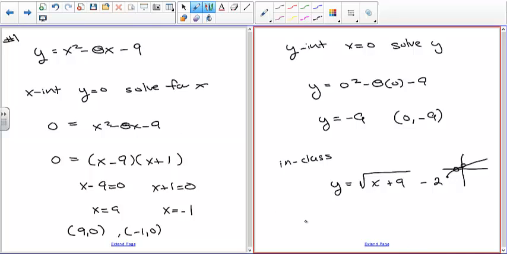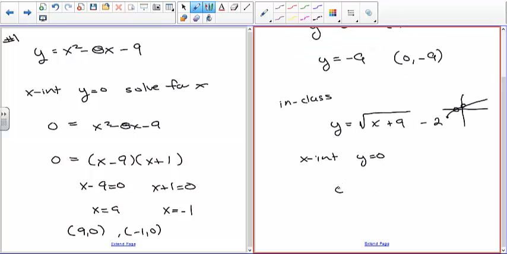So the same thing applies to find the x-intercept. You set y equal to 0. So you'd have 0 is equal to the square root of x plus 9 minus 2. And then you would bring the negative 2 over to the other side, make it positive.